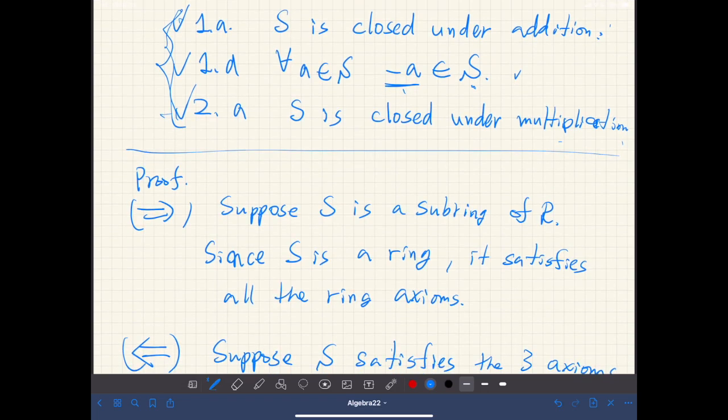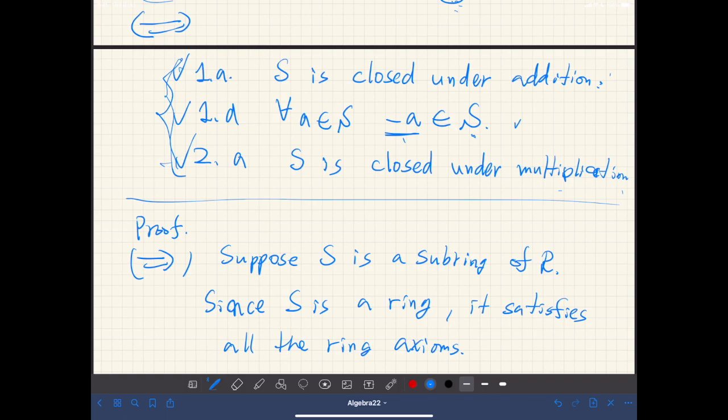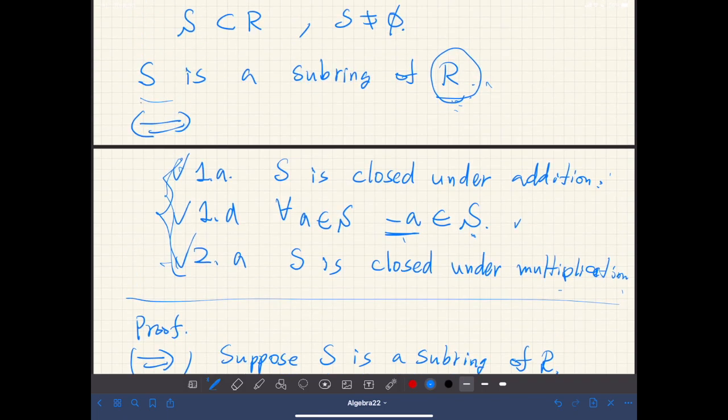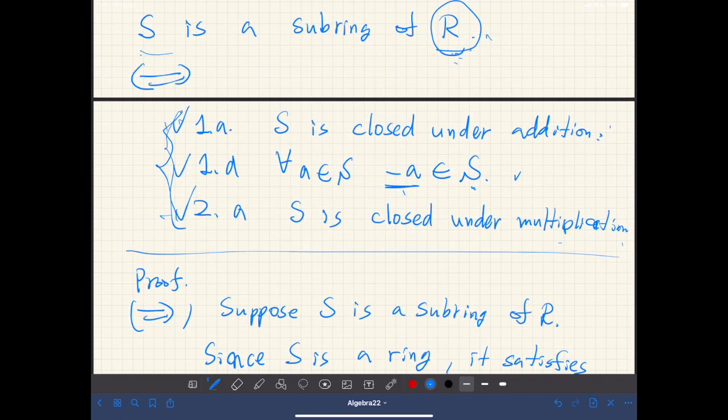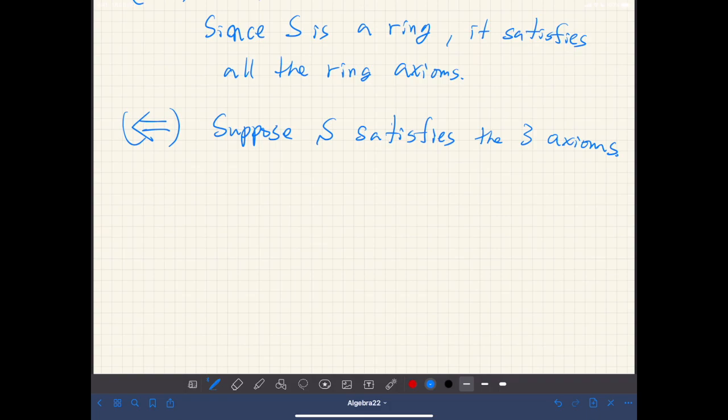What we want to show is that S is a ring. Given that S is a subset of R and these three conditions are met, we need to show that all other axioms are also satisfied. That's the basic strategy for this proof. It is actually tedious but straightforward, so I will skip most of them and prove only some.